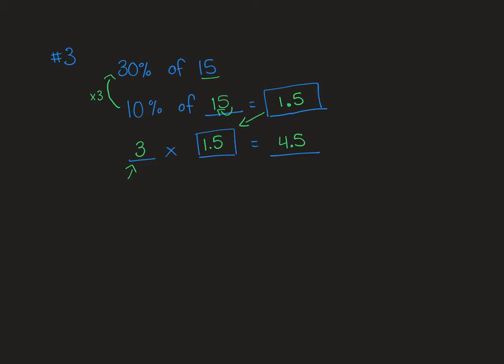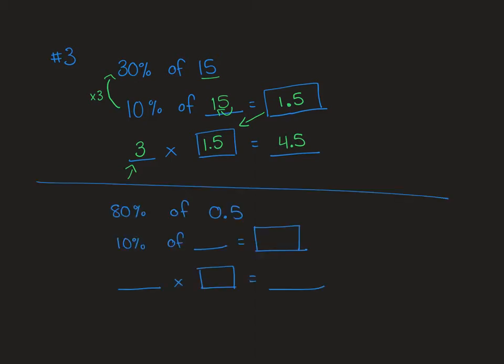I'll do one more example with you. For my next example, I'm going to look at 80% of 0.5. So first I figure out 10% of, and I use the same number here. So 10% of 0.5, and to find that, I move the decimal back one place, 0.05.